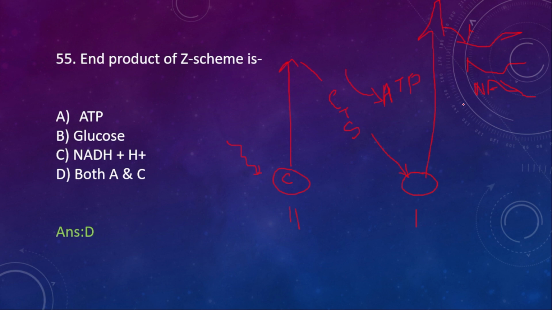NADP plus, after receiving the electron, will form NADPH plus H plus. So here the right option is products will be ATP and NADPH plus H plus.